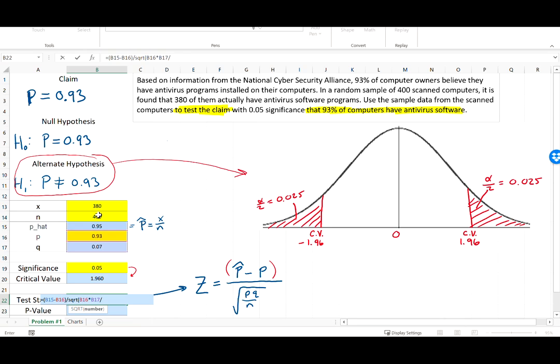So n is up here in B14, and we'll close those parentheses. All right, so this is our test statistic. It's basically our sample data converted into one singular, representative number.